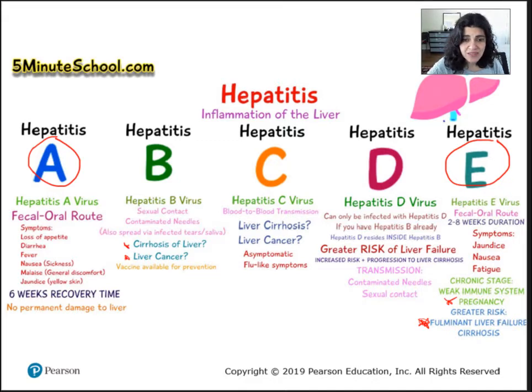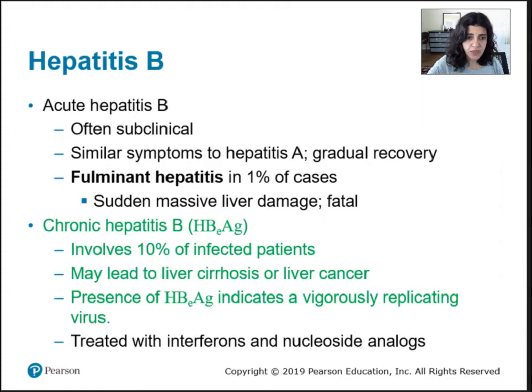C is either asymptomatic or causes flu-like symptoms in most of the cases, but is parenteral. And B is the sexual one. B can cause chronic disease, okay? So I have a slide here that shows you also a little more detail about B. The chronic disease involves 10% of infected patients in the case of hepatitis B, and may lead to liver cirrhosis.